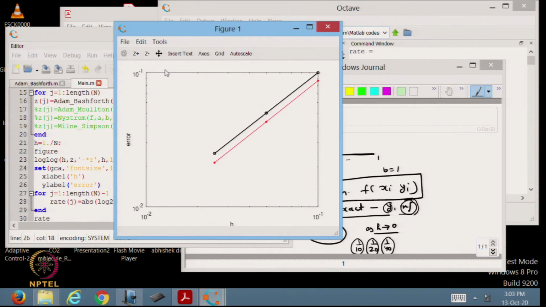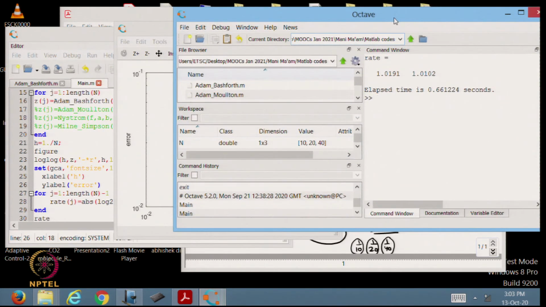So, yeah, now the error will also be in the vector z. Error is also stored, corresponding to h equal to 1 by 10, h equal to 1 by 20, and h equal to 1 by 40, which you can see from here.